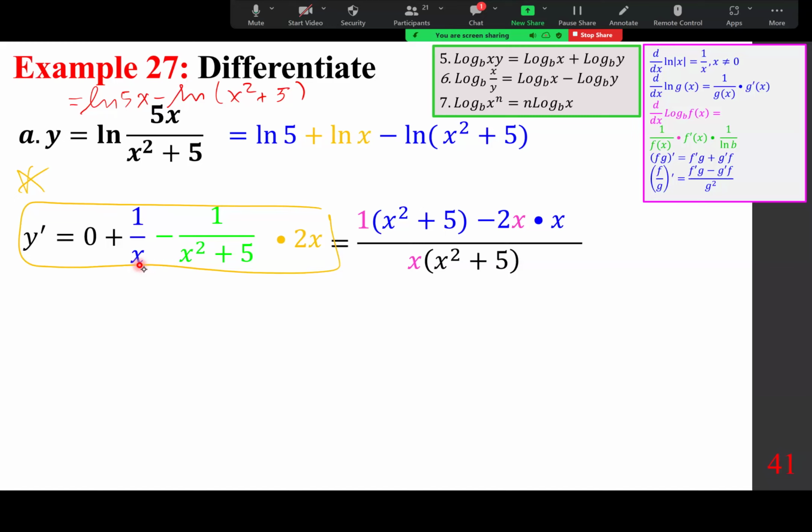We are going to simplify the numerator and we get x squared plus 5 minus 2x squared. These two combine into negative x squared. We are done.